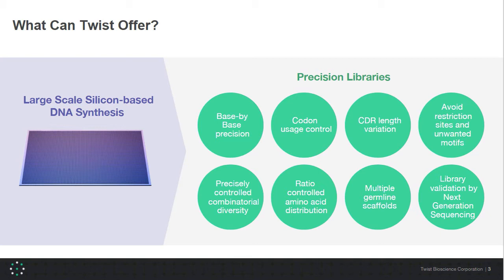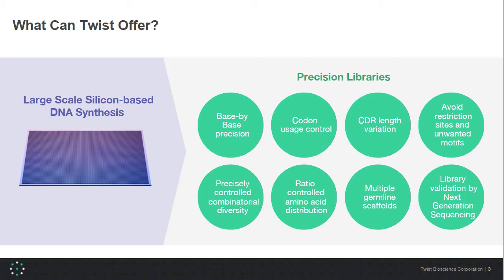And we can do that just by varying the length of the individual oligos in that particular oligo pool in that library. Since we're printing every single DNA base by base as we build the libraries, we can avoid restriction sites and unwanted motifs, of course, and we have precise control over the combinatorial diversity.